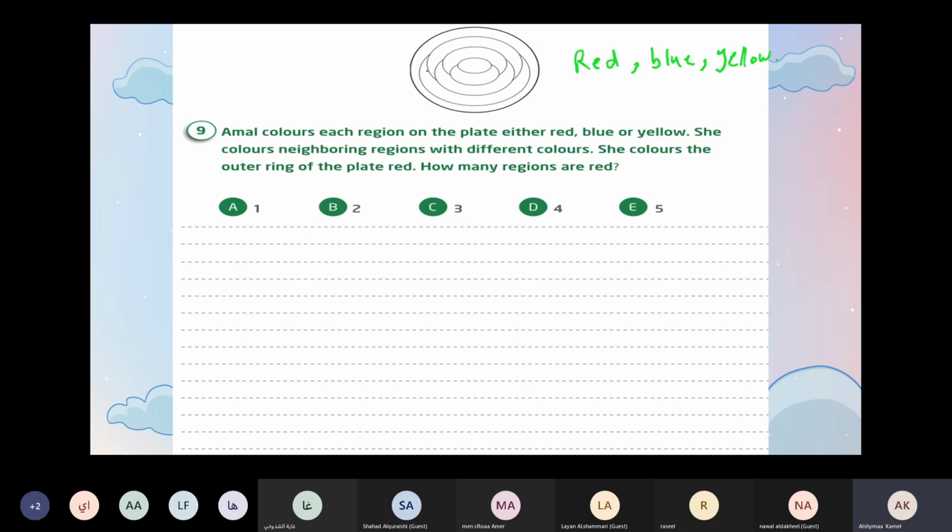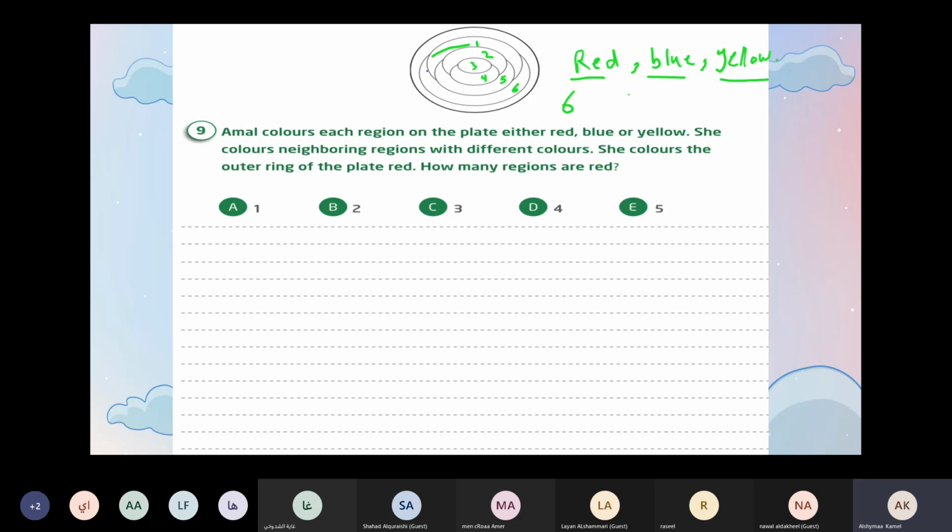She colors the outer ring of the plate with red. This is the only one she does especially for the red. She has 3 colors, red, blue, and yellow. And how many regions does she have here? 1, 2, 3, 4, 5, 6. What I said before, we have 6 regions.